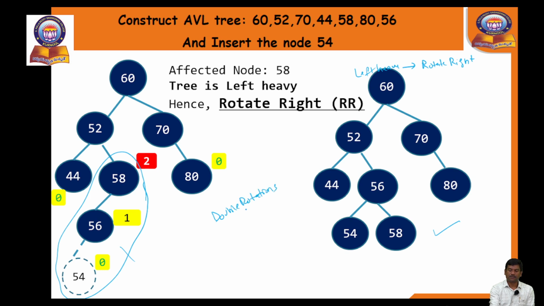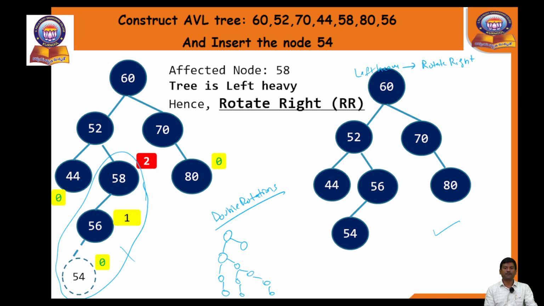If you consider the double rotation, there is one possibility: left is heavy. We can give an example, left is heavy, by looking at this tree diagram. Left is heavy and out of which the right is heavy. Then in such cases, you have to perform the double rotation. That will be discussed in your next part.